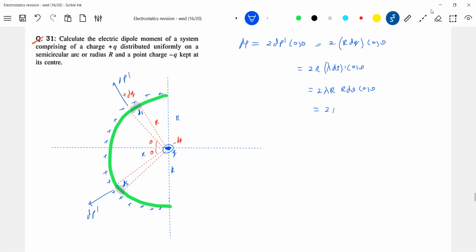So 2 lambda r square cos theta d theta. This will be the net dipole moment. What can be the limit? 0 to pi by 2. 2 lambda r square, this will be cos theta, sine theta, 0 to pi by 2. So 2 lambda r square. What is lambda? Lambda we define as q by pi r.